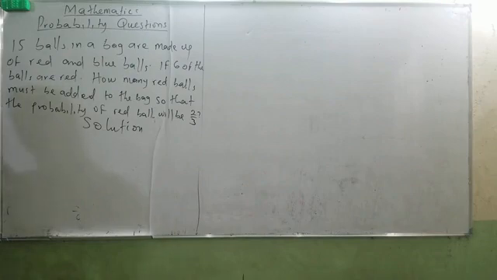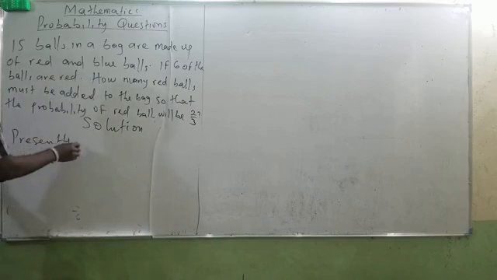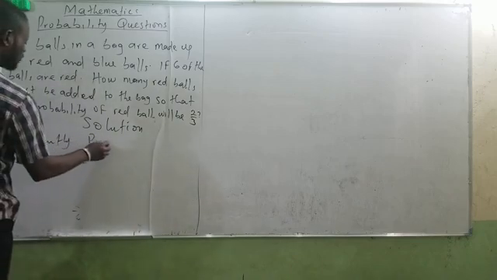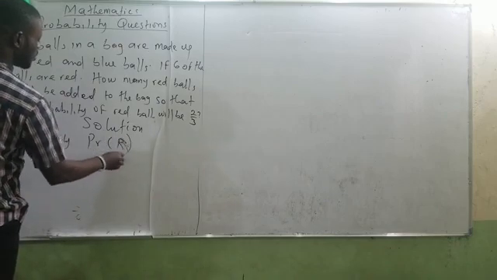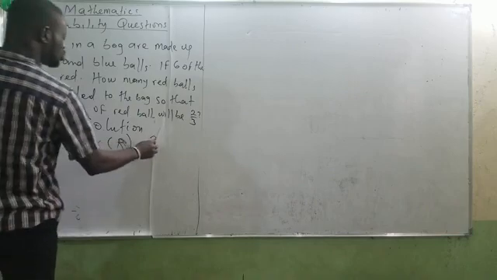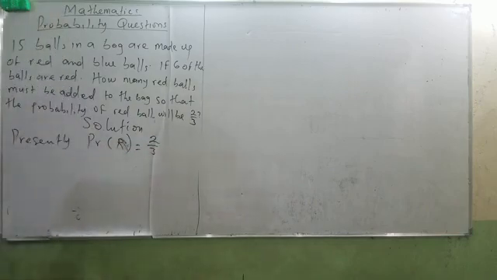How do I go? The first thing I need to do is that there are some things that you need to understand. Presently, the probability of red ball, let me put R, will be equal to 2 all over 3. Take note of that.